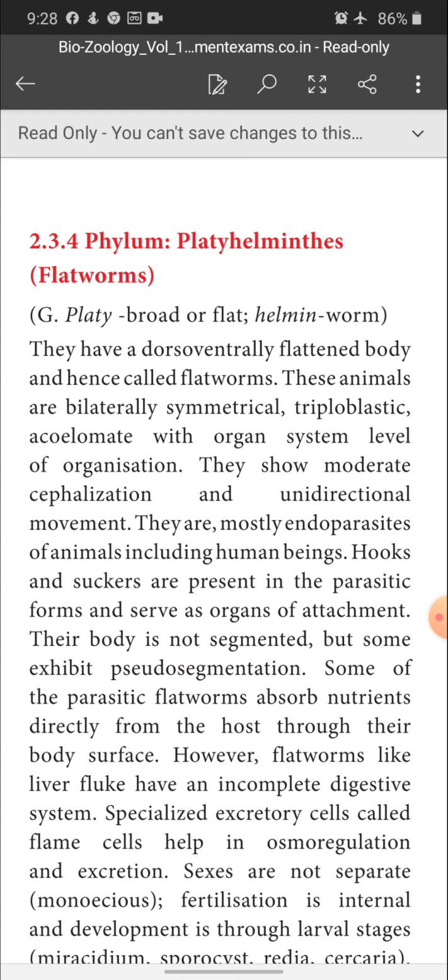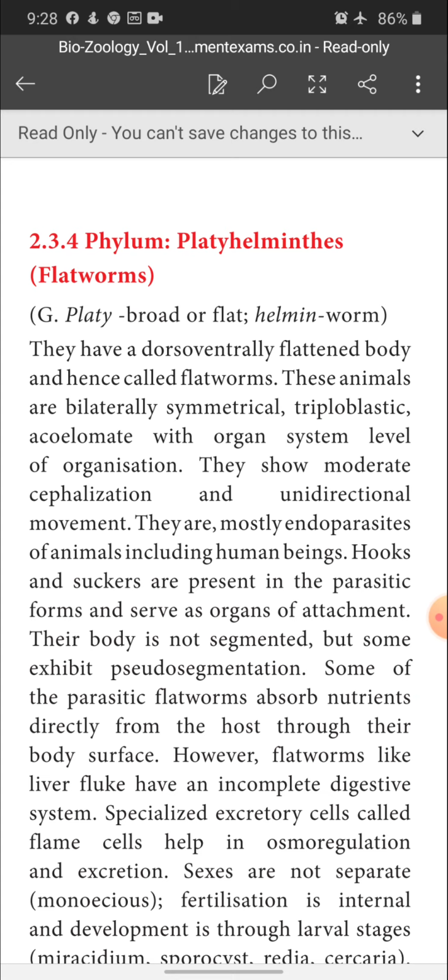They are mostly endoparasites of animals including human beings, and hooks and suckers are present in the parasitic forms and serve as organs of attachment. What is endoparasite, children? That is nothing but the animals which live inside other organisms are called what?